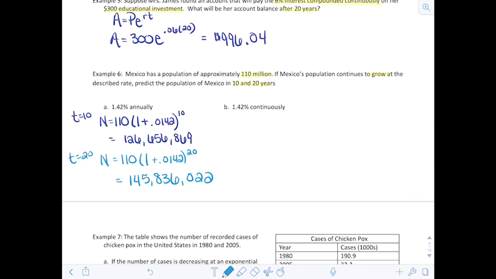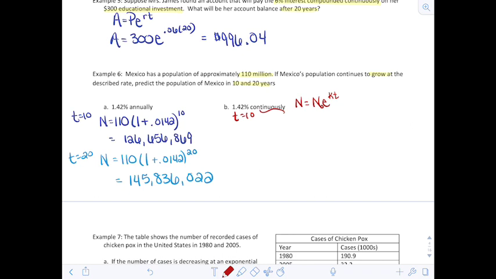Okay, so that is annually, a growth rate for population annually, not talking about money. Now we have population in the next one growing continuously. So after 10 years, continuous growth is going to be this formula, N equals N sub 0 e to the kt, just like the PERT formula, only with some different variables.